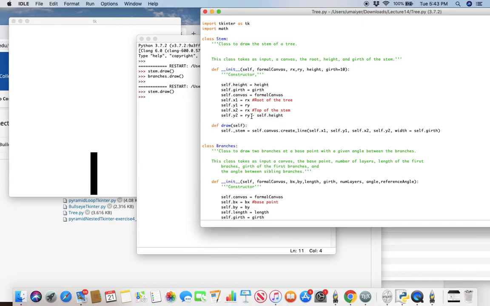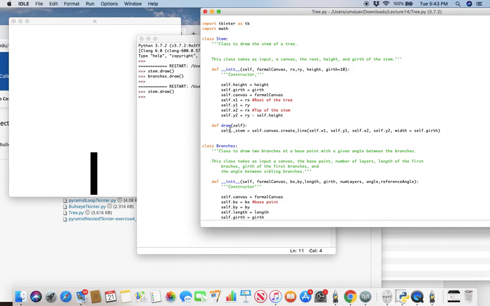Rx and Ry minus height. Why minus? Because in graphics, lower you go, greater the y coordinate. So I have to reduce the y coordinate. How much should I reduce? I reduce it by the height. So that is my second point. So this is information about the stem.